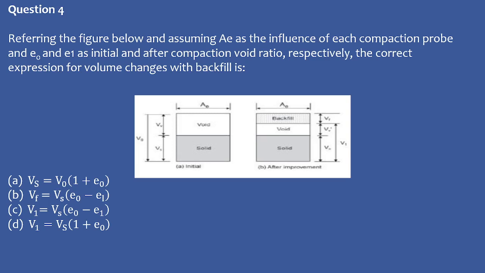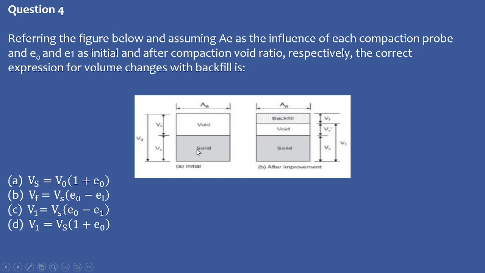In the vibro compaction method, after the compaction we have some settlement in the soil, and we fill that settlement again with some backfill. So the question is: referring to the figure below, and assuming ΔE as the influence of each compaction probe, and E0 and E1 as the initial and after-compaction void ratios respectively, the correct expression for volume change with backfill is.